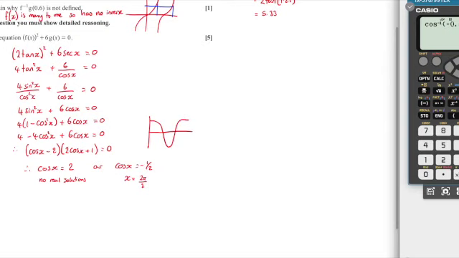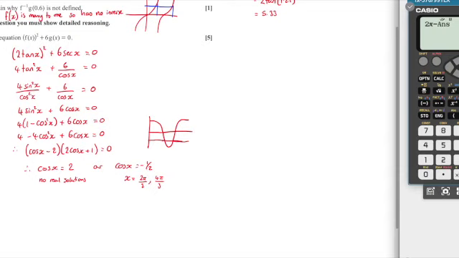Minus a half is there, so I'm going to be 2/3 of pi in from 2 pi. So let's do 2 pi minus the answer. I'm going to get 4/3 of pi as my solutions.